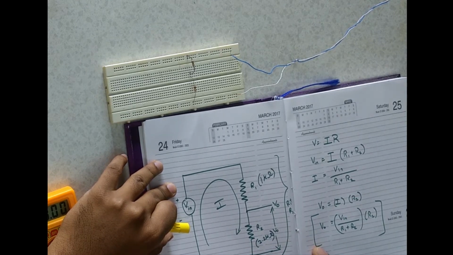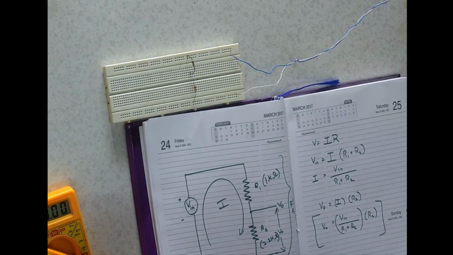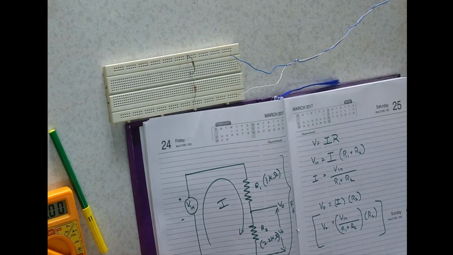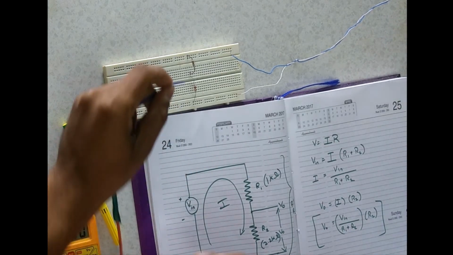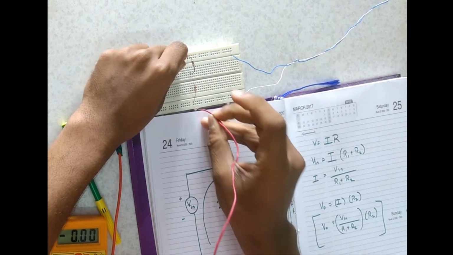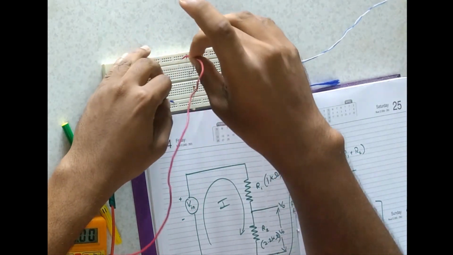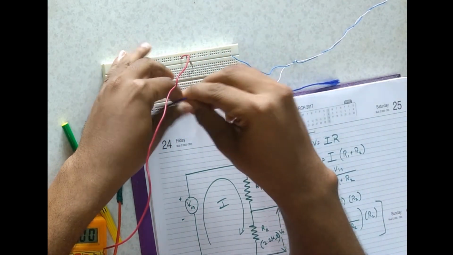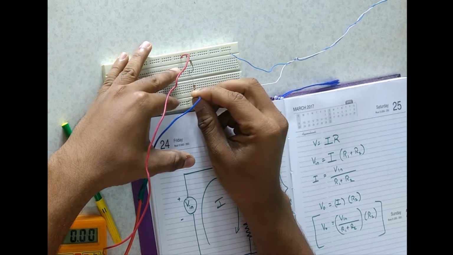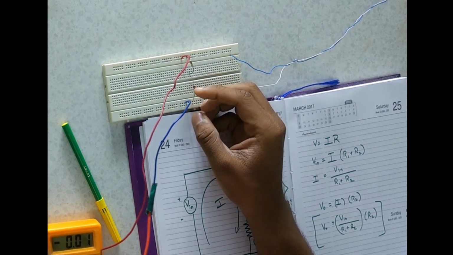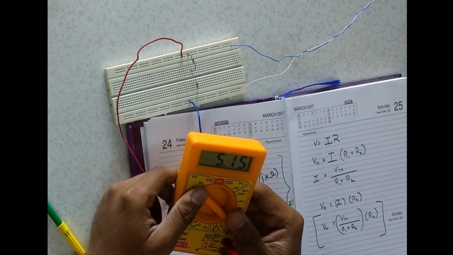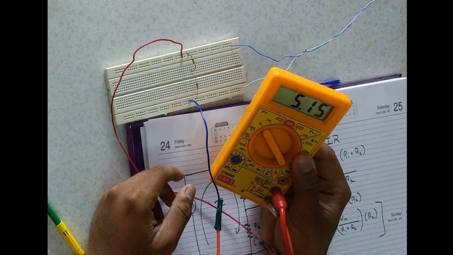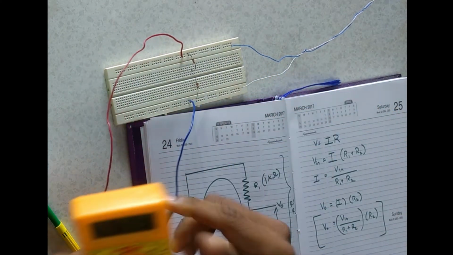Now, there will be no voltage change across the entire circuit. It will still be the same 5 volts. As you can see, the voltage is still 5 across the entire circuit.